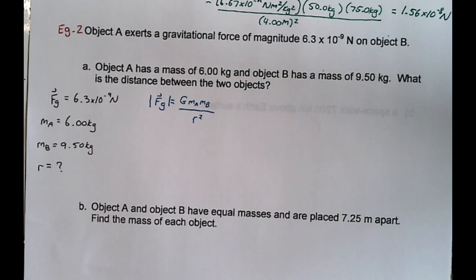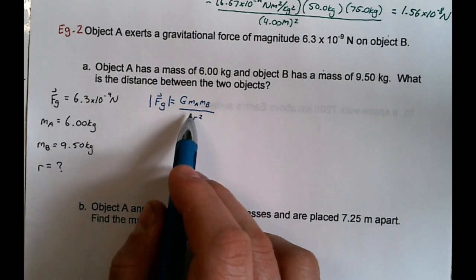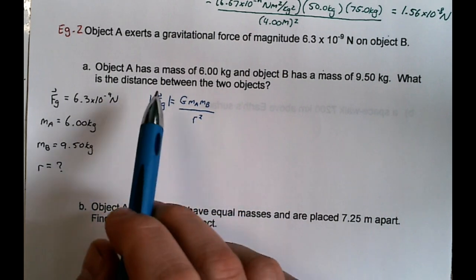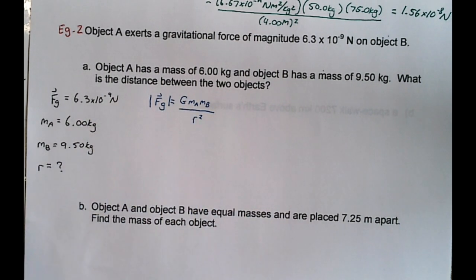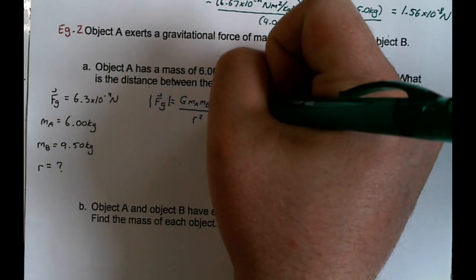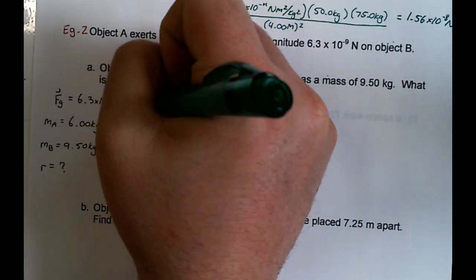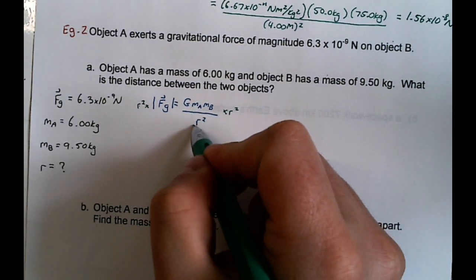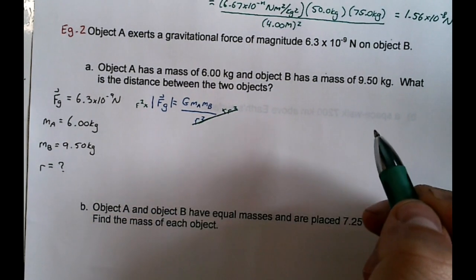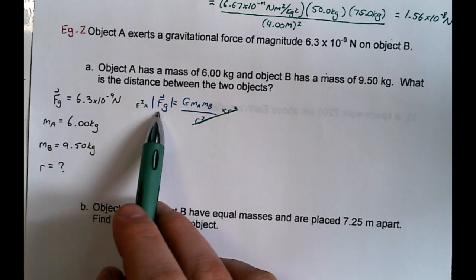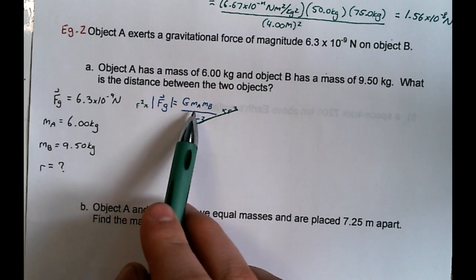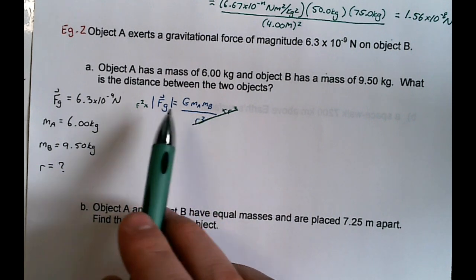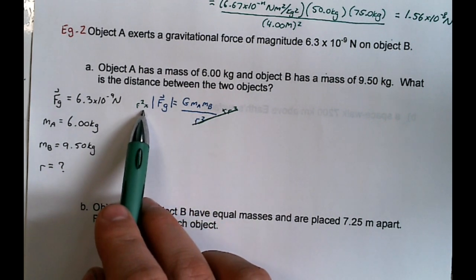And this r squared is what we want to solve for. We're wanting to find the distance between the two objects. So to do that, I'm going to multiply both sides by r squared. That's going to cancel out those and leave us with r squared times Fg is equal to G, Ma, Mb. Now we want to get this r squared by itself though.